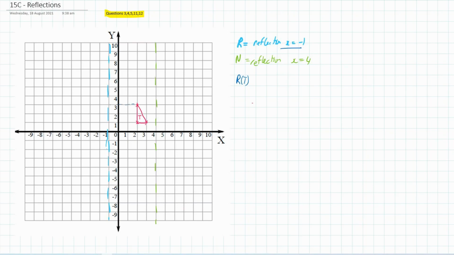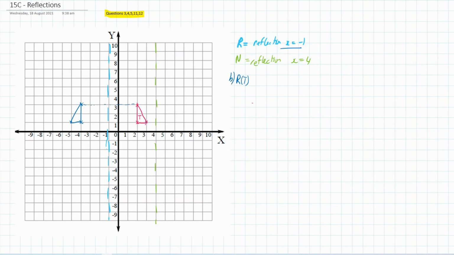You can see that that's 3 away, so we're going to be 3 away on the other side, so I think that should be there. This one is also 3 away, so this will be 3 away. And this one here is 4 away, so it will be out here. Now I'll just join that up. And you can just do a quick check. 1, 2, 3, 4. Looking good. Okay, so that's RT. That's part B.